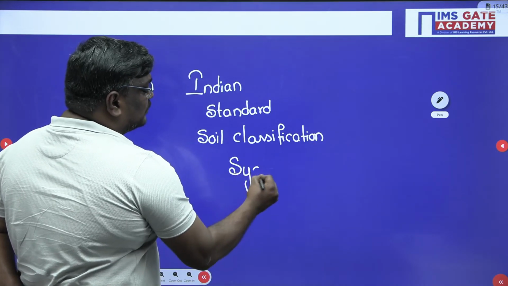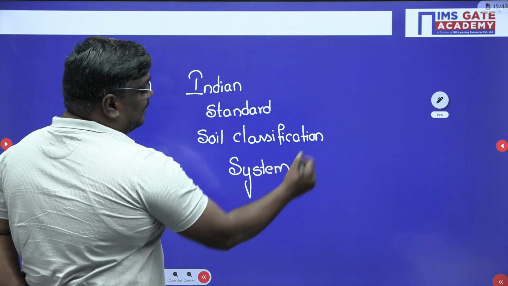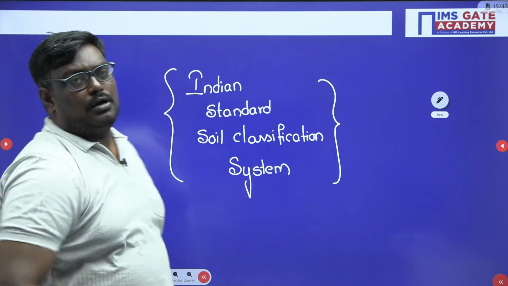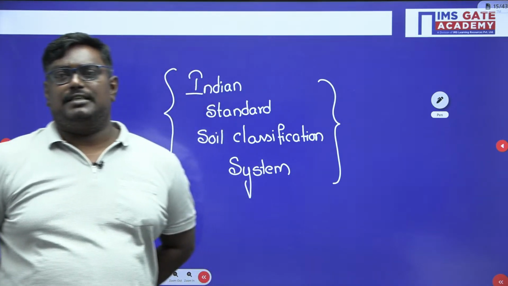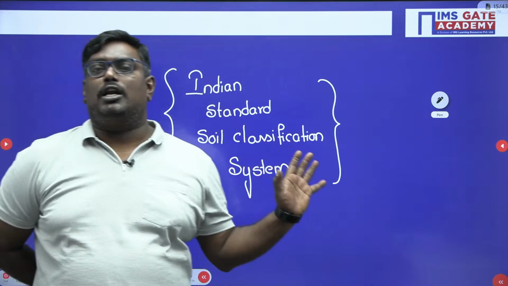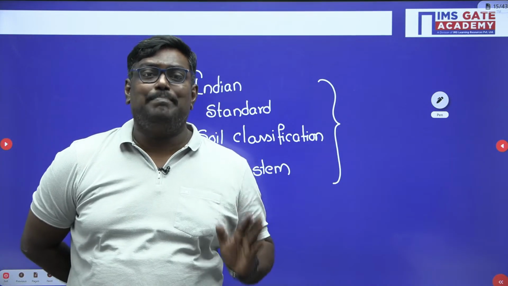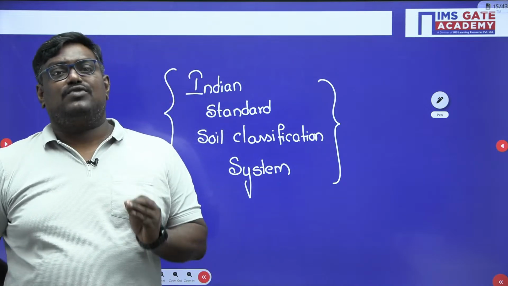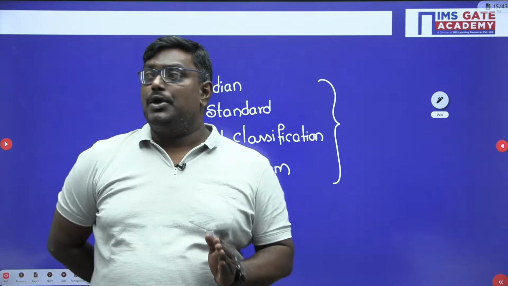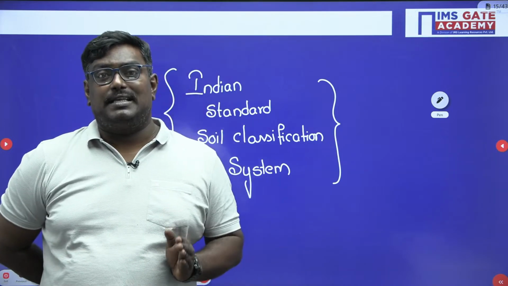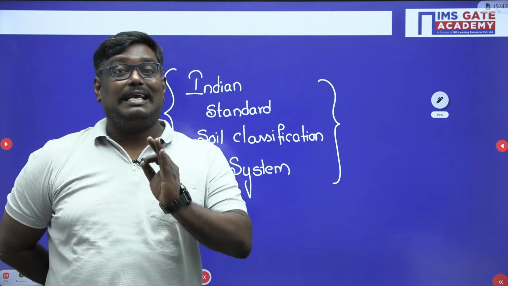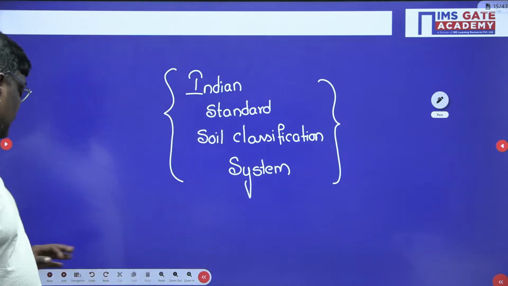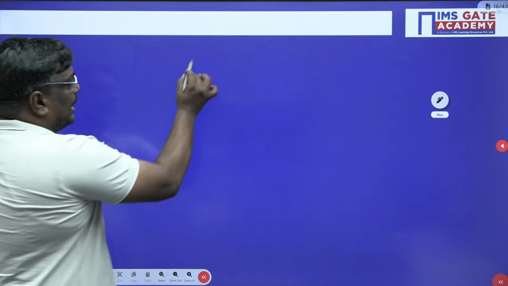So if the Unified Soil Classification System depends on particle size distribution, plasticity characteristics and compressibility, similarly the Indian Standard Soil Classification System also depends on the same parameters. And remember, Airfield Classification System is also known as Unified Soil Classification System, and it was discovered by Grades.